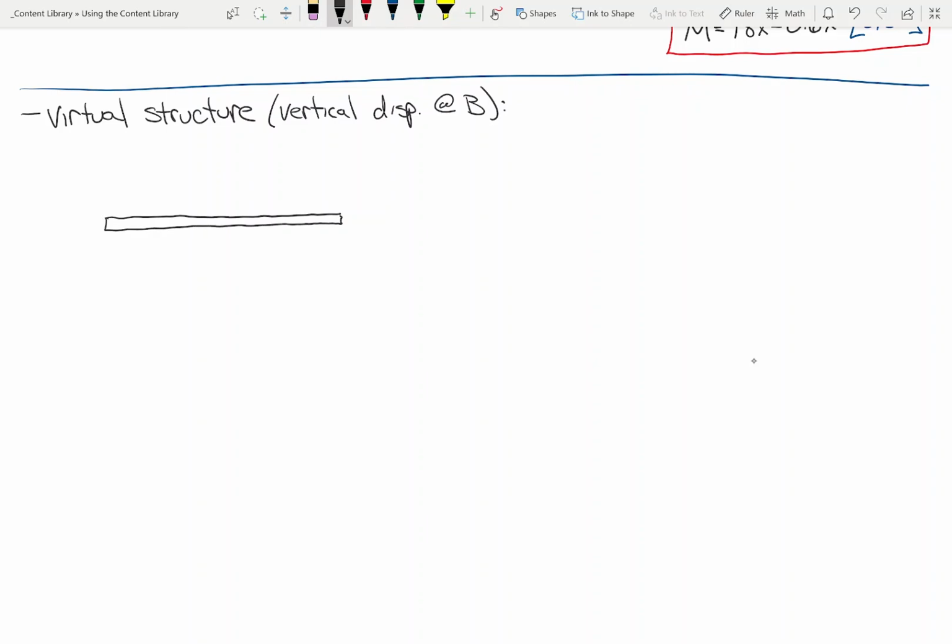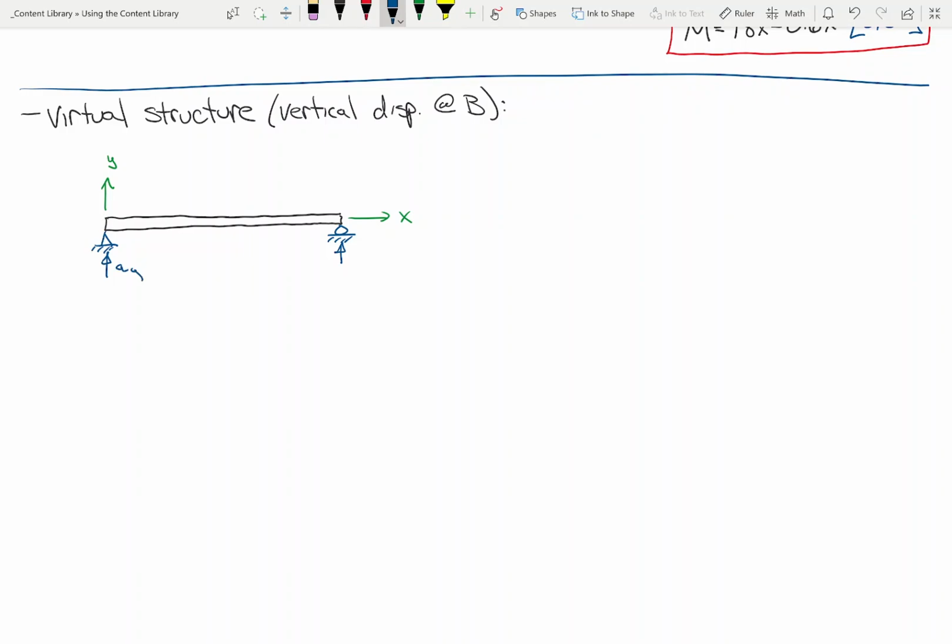So let's do this problem sort of again. Let's put our coordinate system on here this time: y, x. I'm using the same coordinate system as before. We'll put a reaction here and a reaction here.